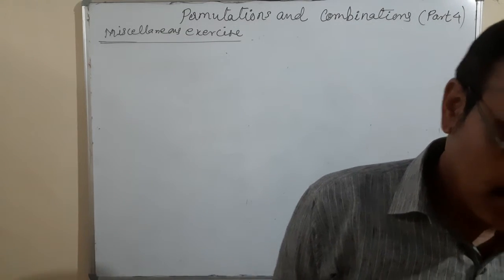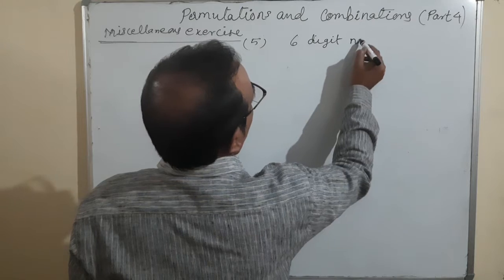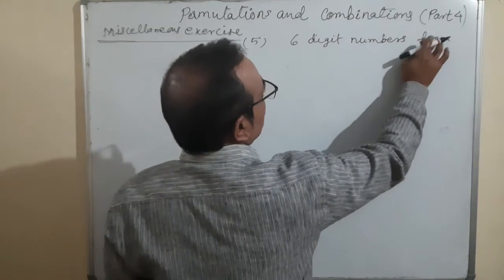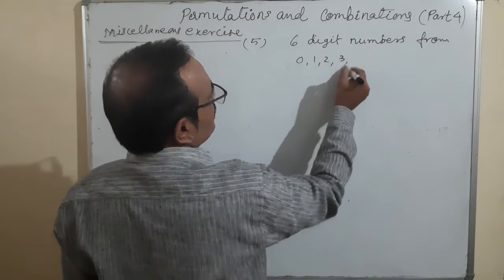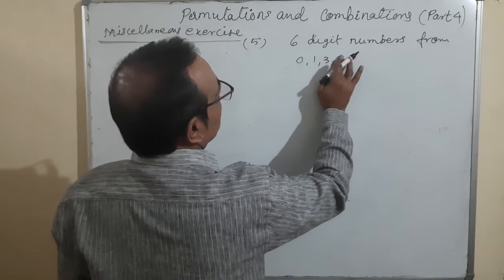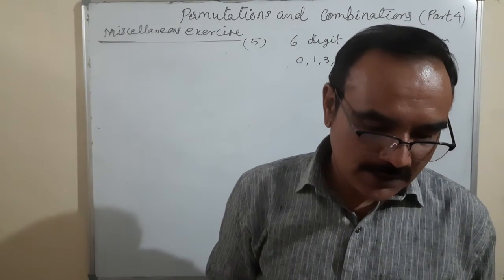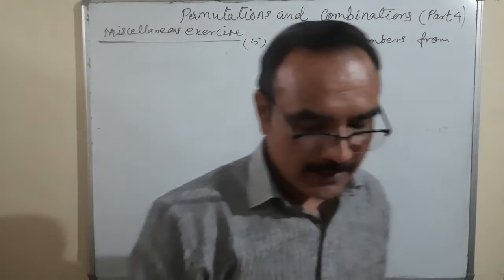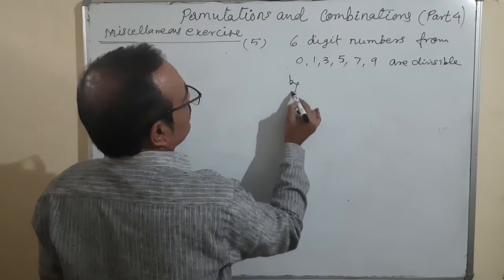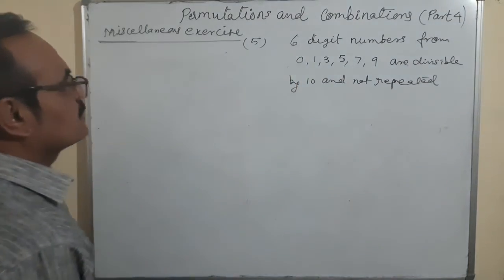How many 6-digit numbers can be formed from the digits 0, 1, 3, 5, 7, 9, which are divisible by 10 and not repeated? So very simple.